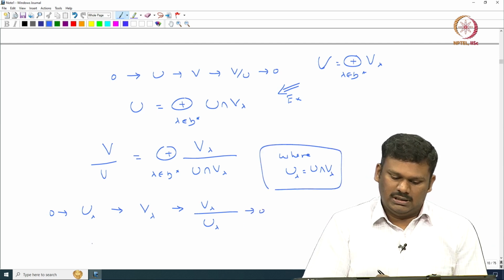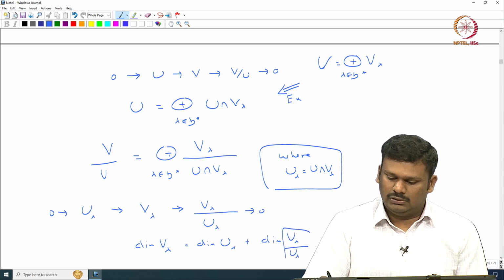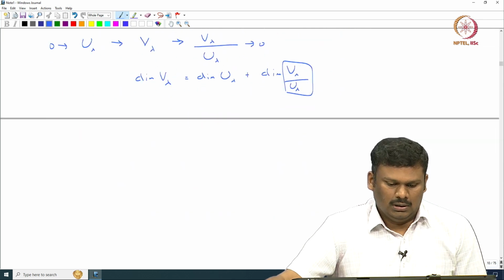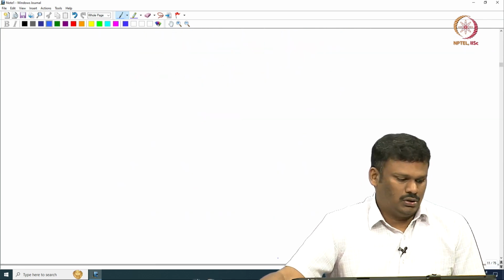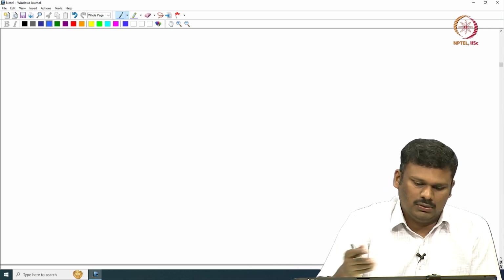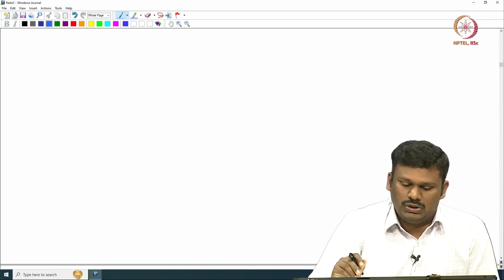So, the dimension of V_lambda becomes equal to the dimension of U_lambda plus the dimension of V_lambda modulo U_lambda. This just follows from the dimension count. This is not very hard to prove because this is all happening at the level of vector spaces. If you take the mu weight space, then it will just add up, there is no issue.